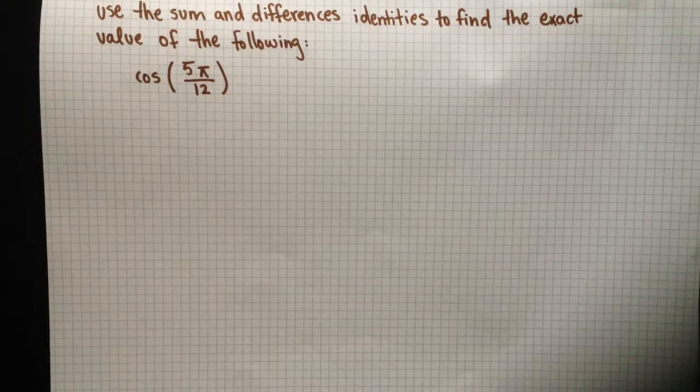Use the sum and difference identities to find the exact value of the following: cosine of 5 pi over 12.